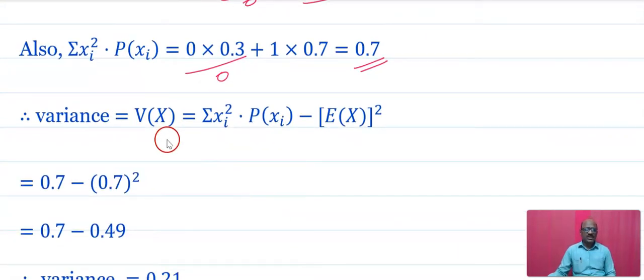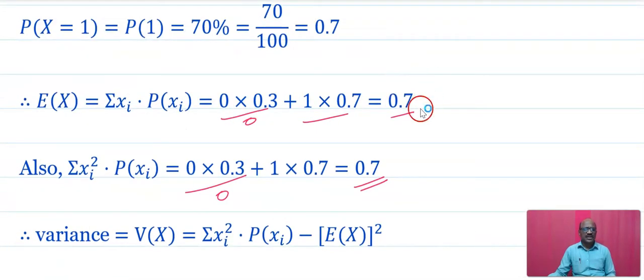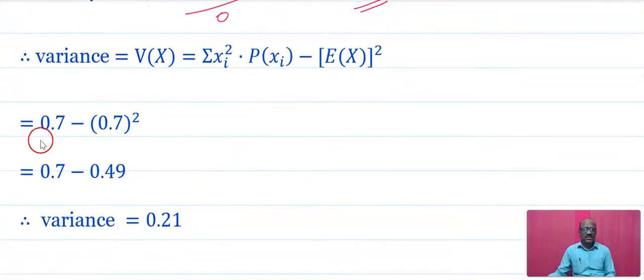Now the variance of x is summation xi square into P of xi minus E of xi bracket square, and hence here you will get 0.7, which we have calculated here, minus 0.7 bracket square, the value of E of x that we calculated.